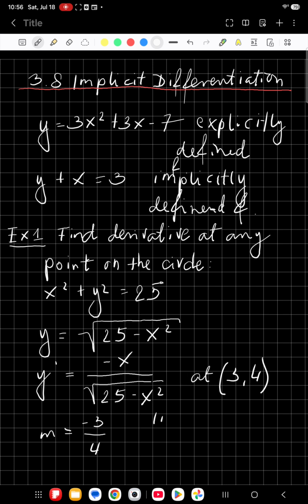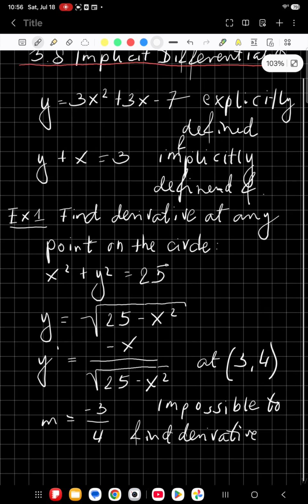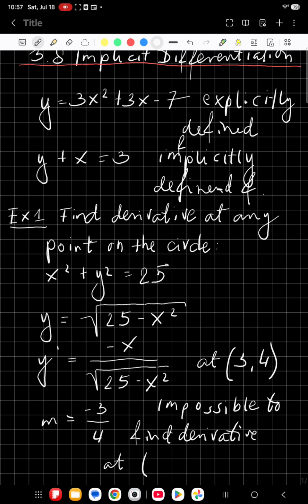It is impossible to find the derivative if we try at, say, (3, negative 4), because that would give us the same slope as this one.